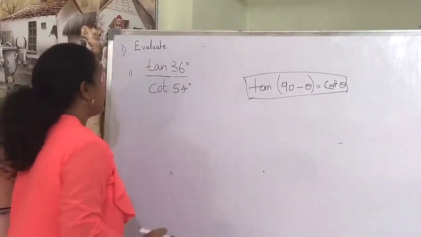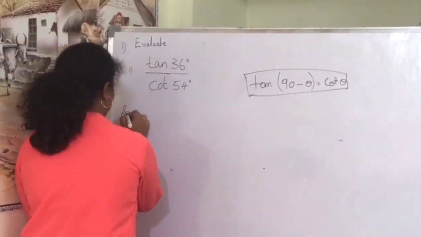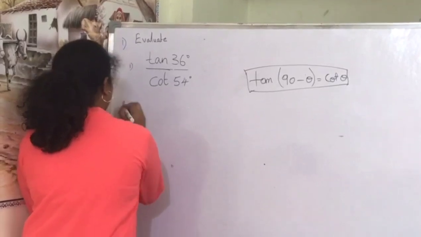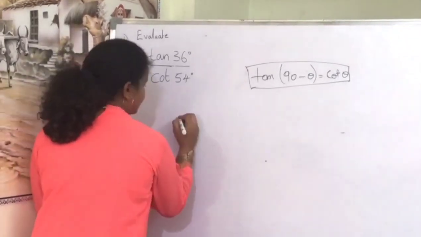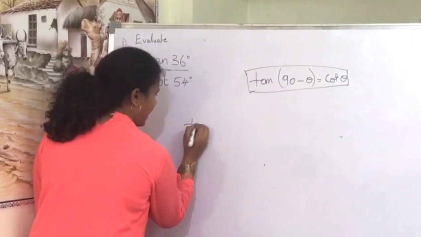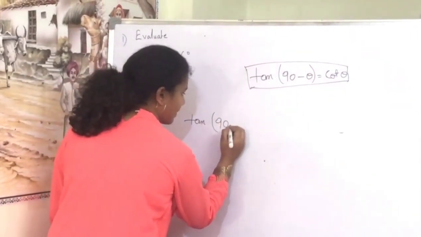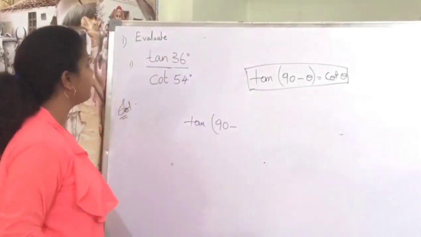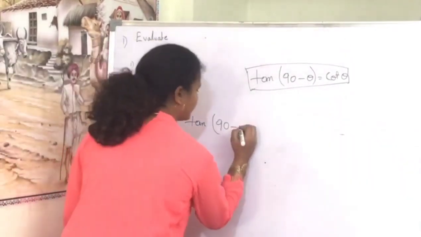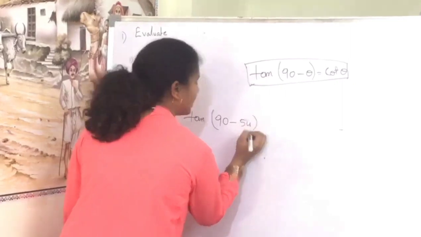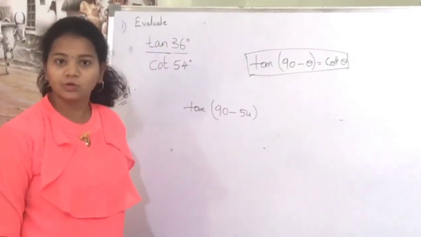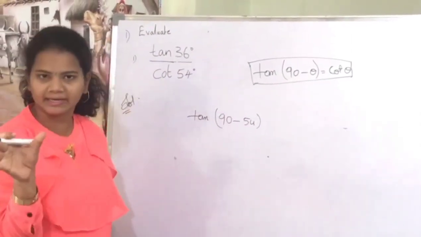I can write this tan 36 degree as tan 90 minus, instead of theta you can write 54 degree, where 90 minus 54 gives 36 degree.